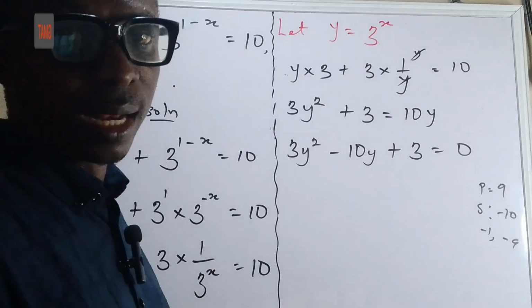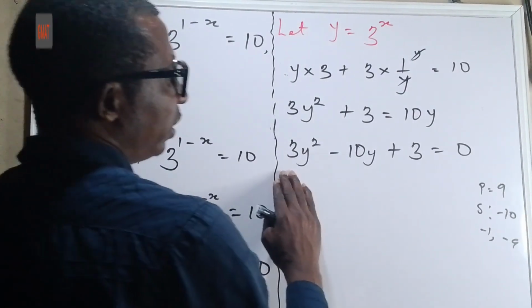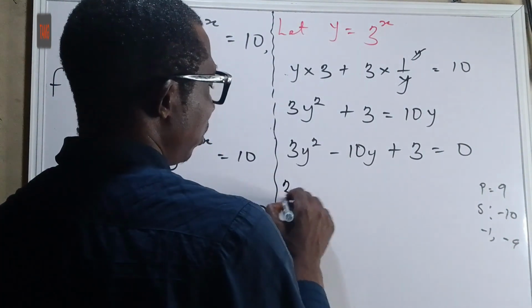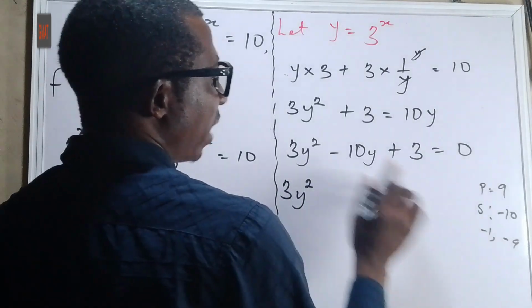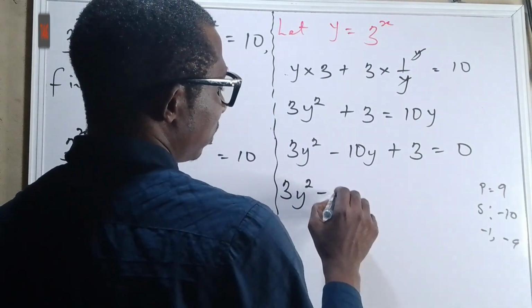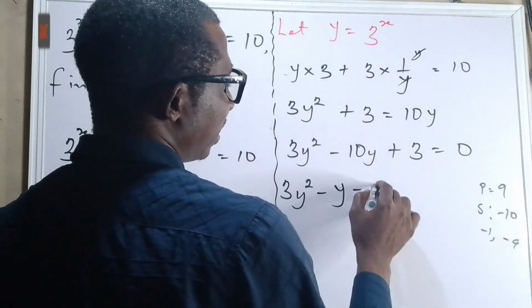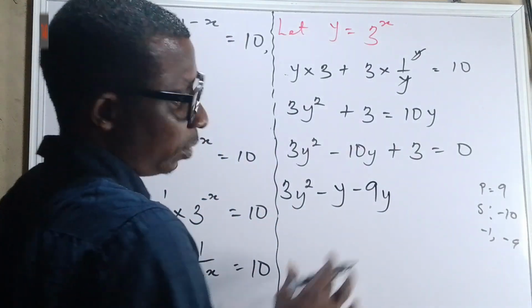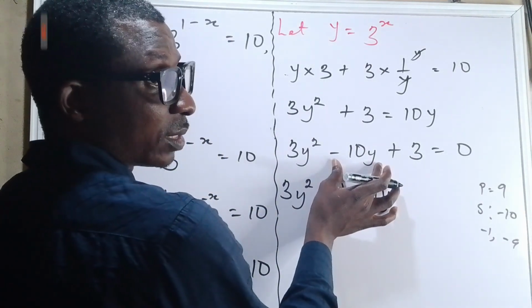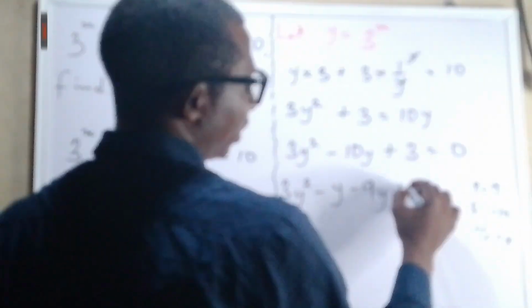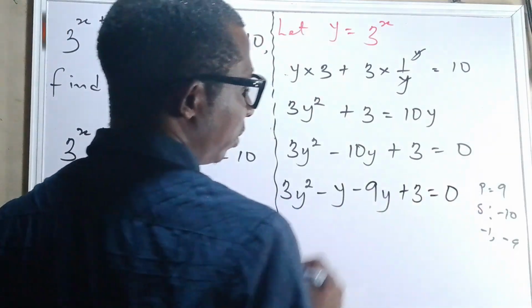And when you add together, you have minus 10. So now this turns to 3y squared minus 1y minus 9y. Okay, this is the same thing as minus 10y. So plus 3 equals 0.